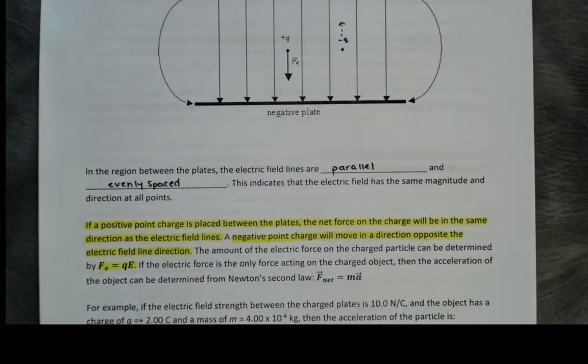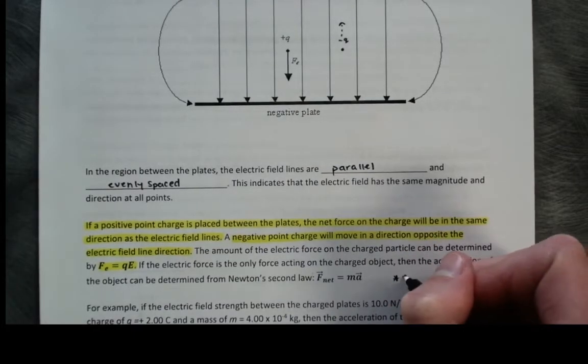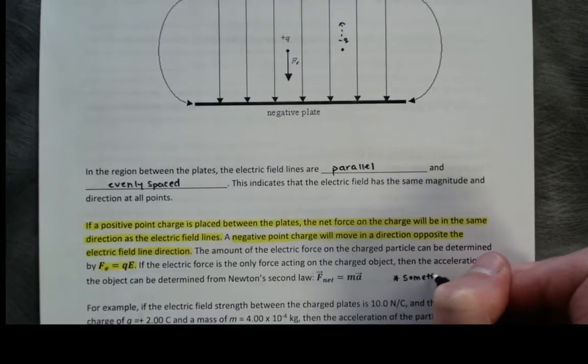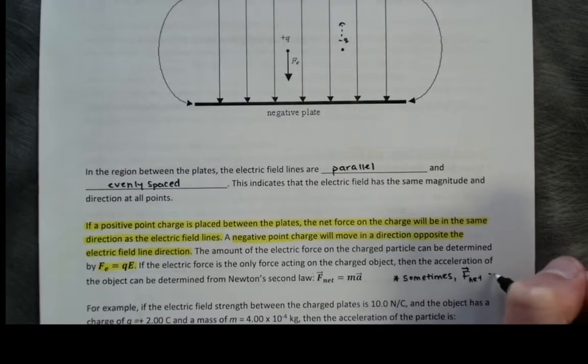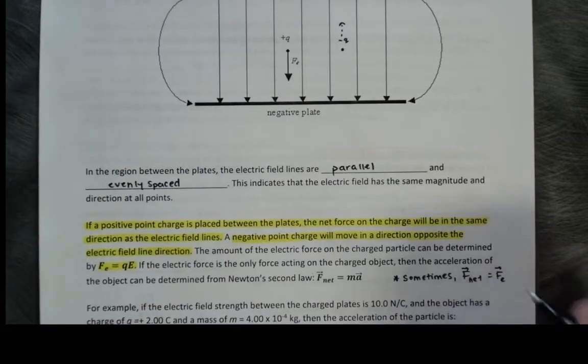If the electric force is the only force, then that's also the net force. If it's not, I will tell you there is gravity acting or something else acting. But sometimes the net force is the electric force.